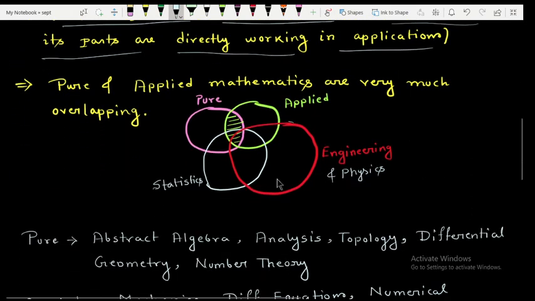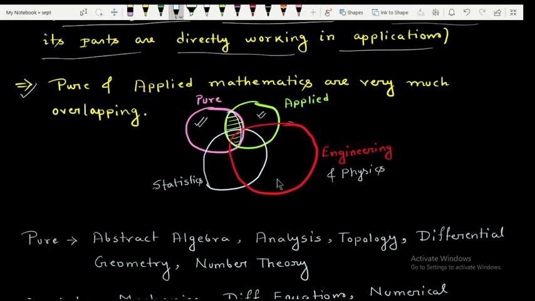Now another point is pure mathematics and applied mathematics are very much overlapping. See this diagram here, this zone belongs to pure mathematics, and this zone belongs to applied mathematics. And see, there is a common region, which also belongs to both pure mathematics and applied mathematics.